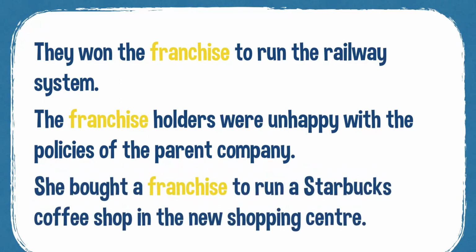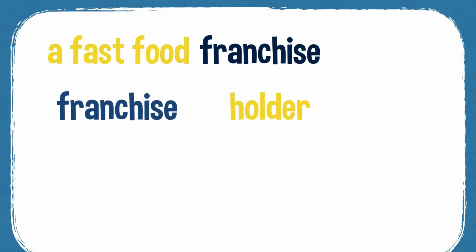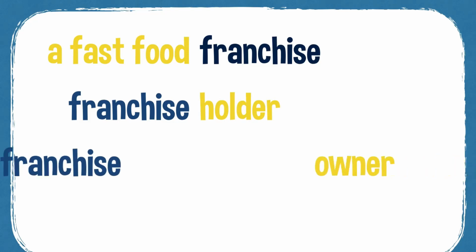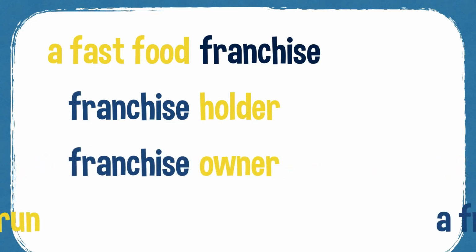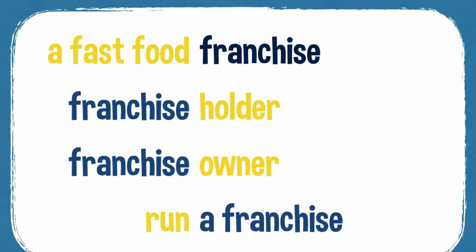She bought a franchise to run a Starbucks coffee shop in the new shopping centre. Some common collocations: you often talk about a fast food franchise, franchise holders, franchise owners, and you can run a franchise.